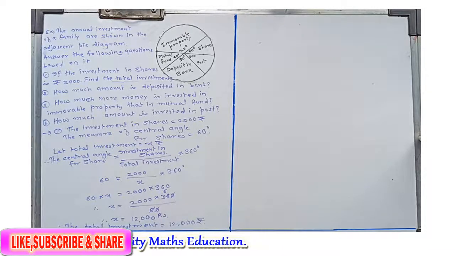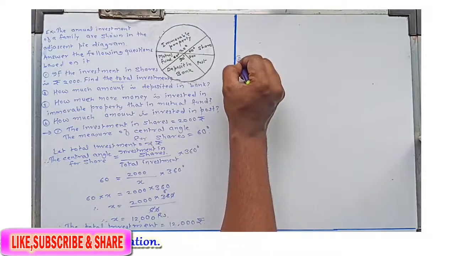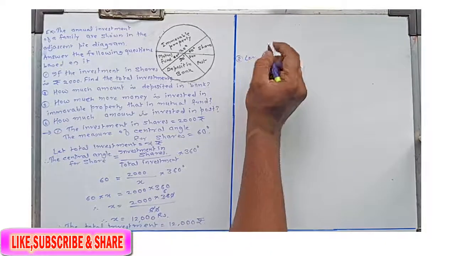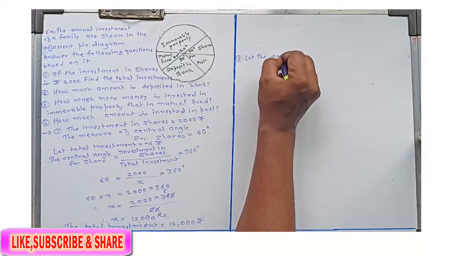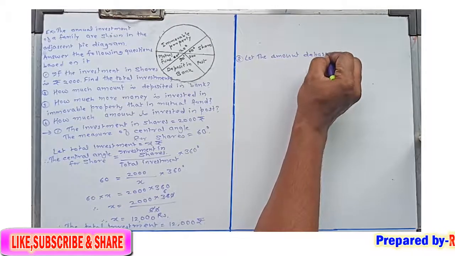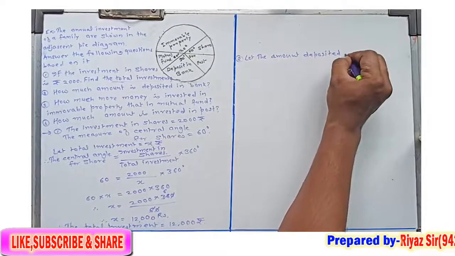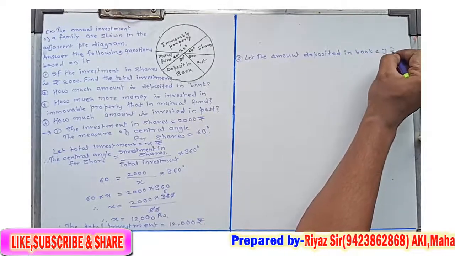Now the second one: how much amount is deposited in the bank? So let the amount deposited in bank be y rupees.